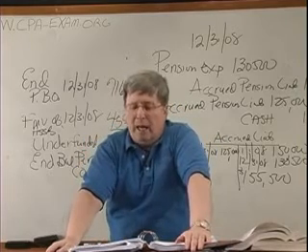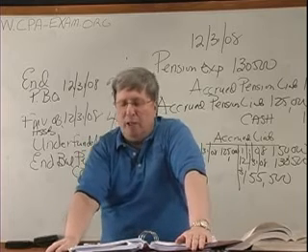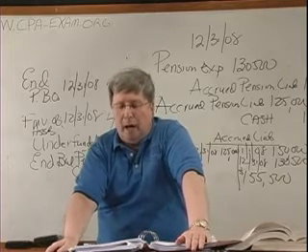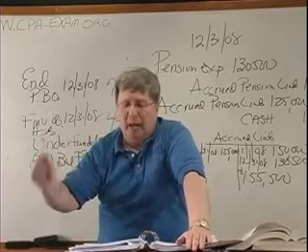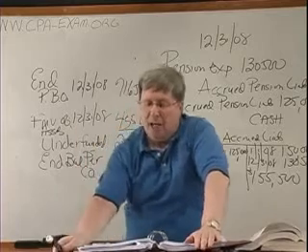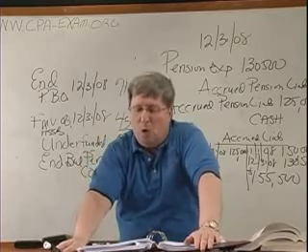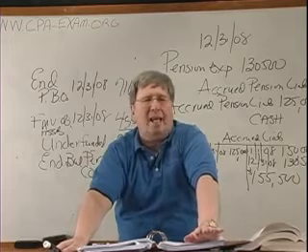So we take 40% of the $106,000, and that is $42,400. So what we're going to do is debit other comprehensive income $42,400, and credit, here's the plug, deferred tax asset. Don't worry about deferred tax asset yet.